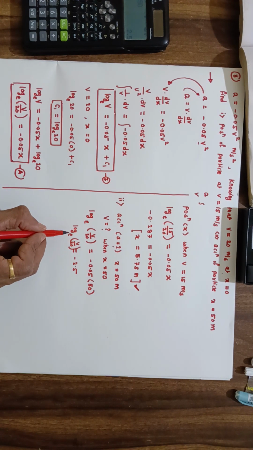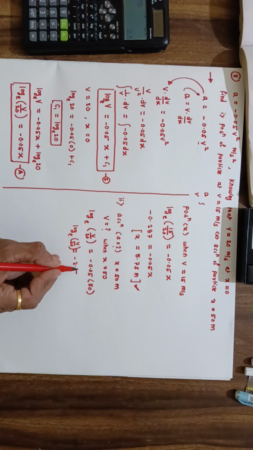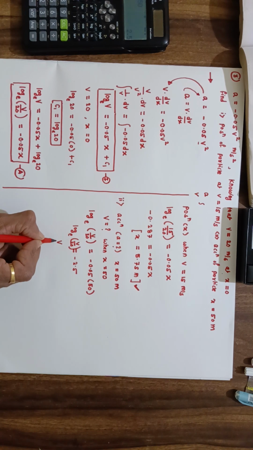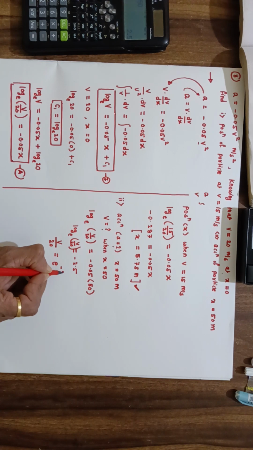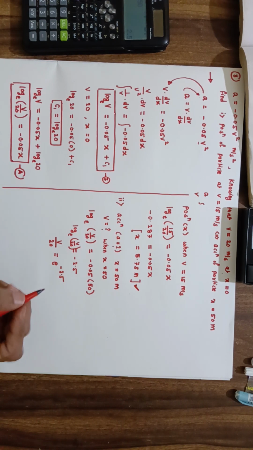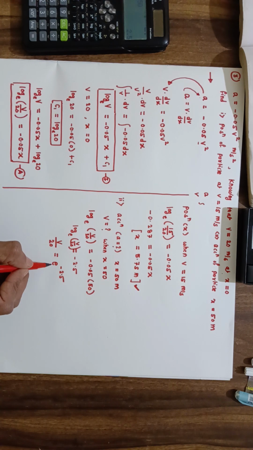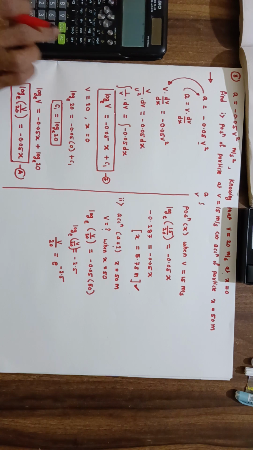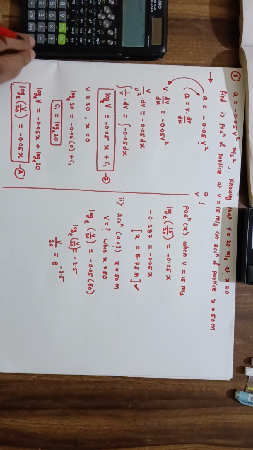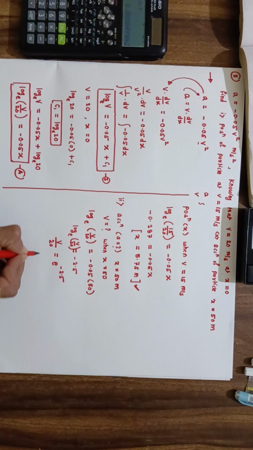To cancel out this log, take the e to the power on the right side, so we can write here v upon 20, this is equal to e raised to minus 2.5. Now calculate this e raised to minus 2.5. So this value is 0.082, so this is v upon 20, and from this find out v.